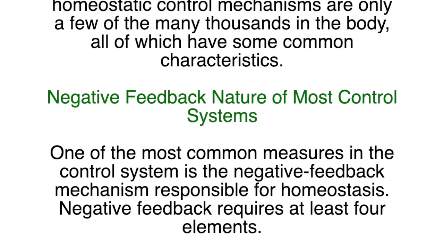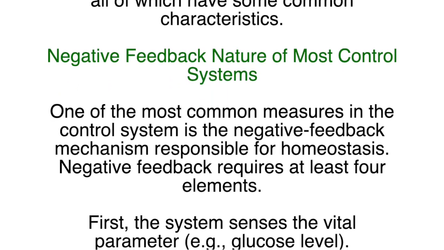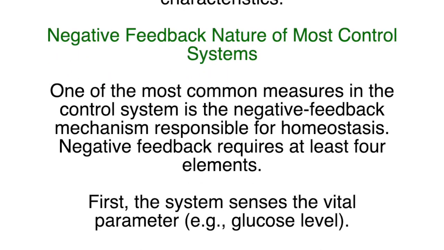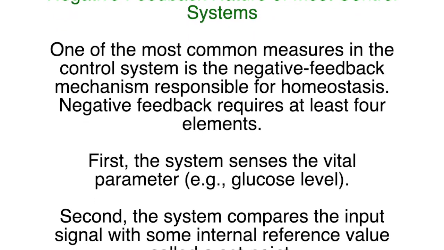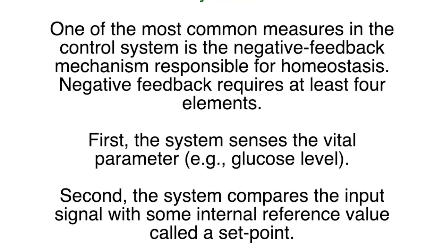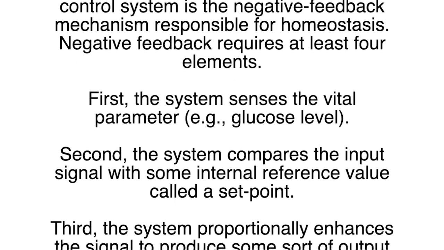Negative feedback requires at least four elements. First, the system senses the vital parameter, example glucose level. Second, the system compares the input signal with some internal reference value called a set point.